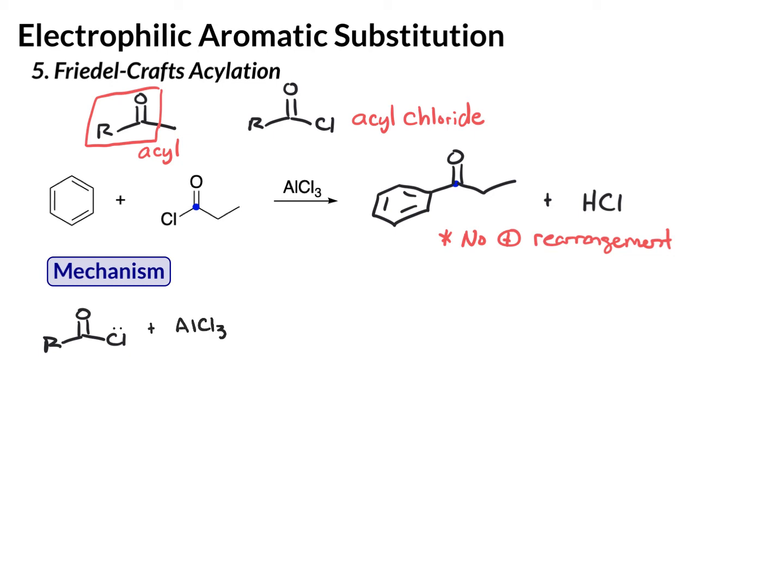So we have the lone pairs on the chlorine, and one of those lone pairs will react with our Lewis acid to form the Lewis acid-base adduct. Right, at this point, we're going to stick with what we did with the Friedel-Crafts alkylation, and we're going to lose this Cl plus as a leaving group to form a carbocation.